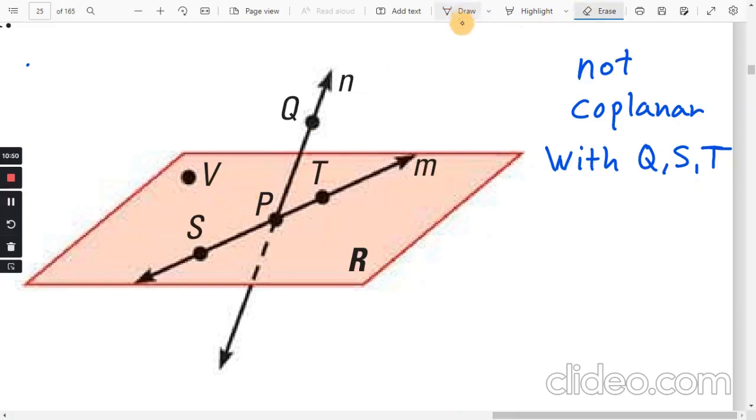So the only point that is non-coplanar with Q, S, and T is point V. Point P is coplanar with Q, S, and T, so point P would not work. And R is not even a point.